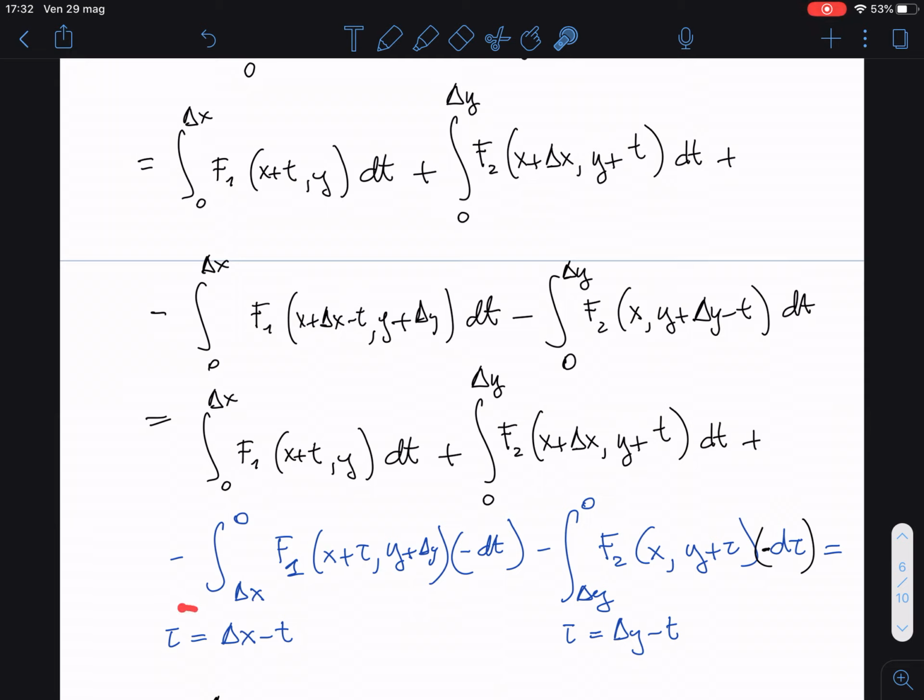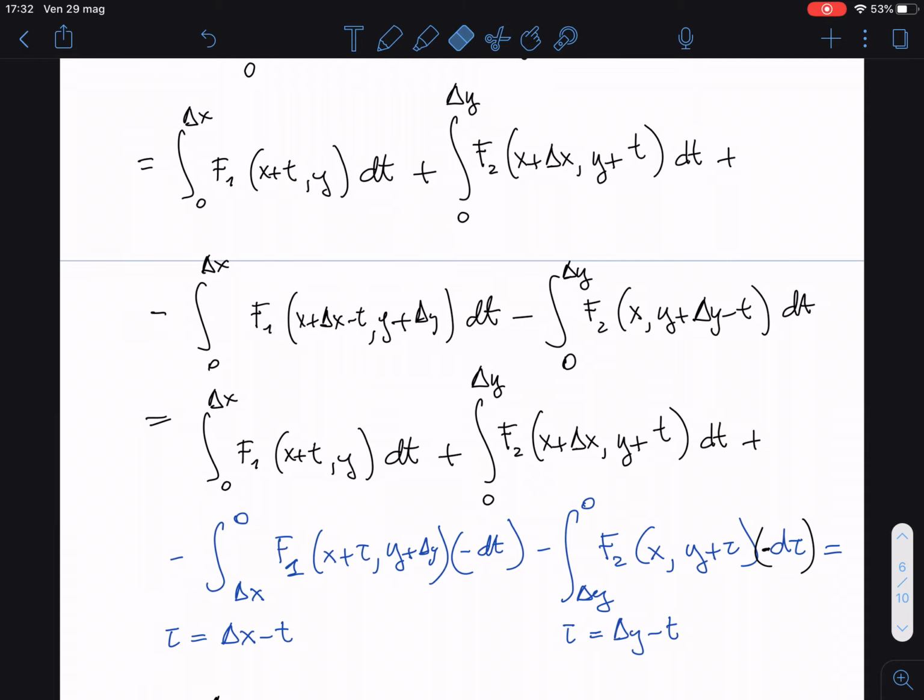For the first integral, tau is equal to delta x minus t. Okay? So instead of delta x minus t, here we have tau. Then we have to modify the extremes of integration, that turn out to be exchanged. So we start from delta x and we go to 0. And of course the differential dt is now minus d tau.